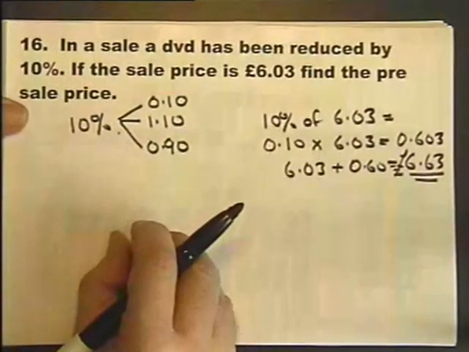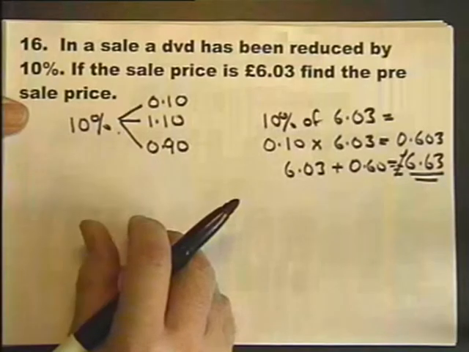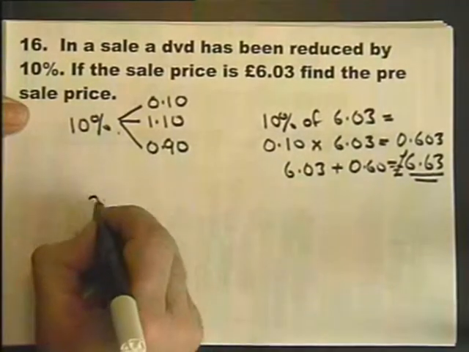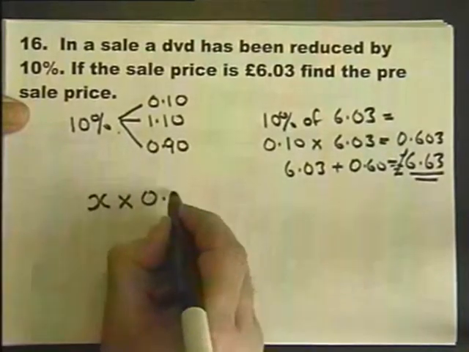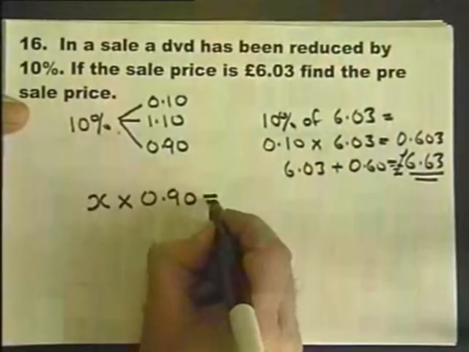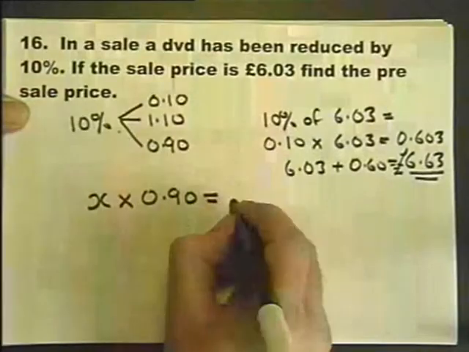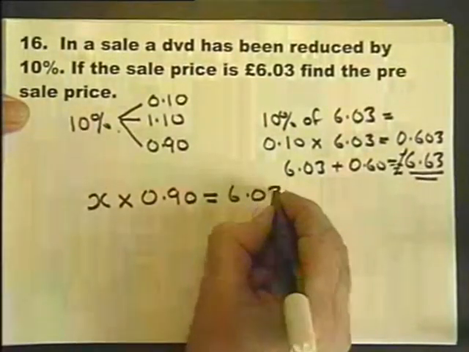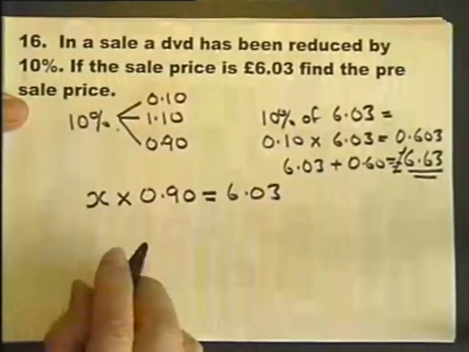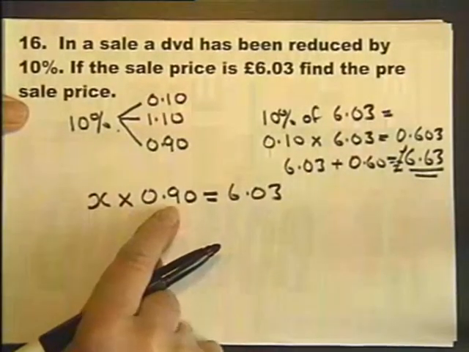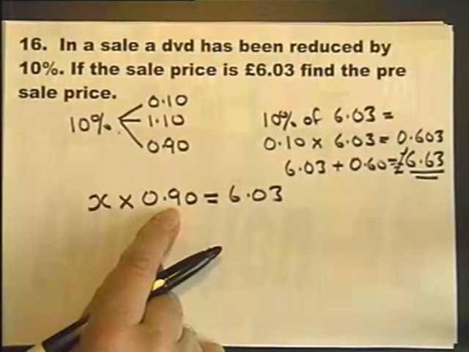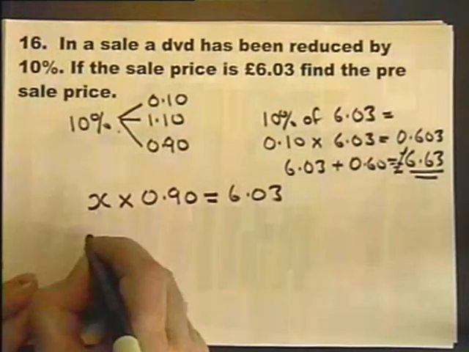So how can I use that? Well, let's call the pre-sale price X. So if I multiply the pre-sale price by this scale factor, as I call it, that works out to come to the price after the sale. Pre-sale price multiplied by the factor that reduces by 10% ends up as that.